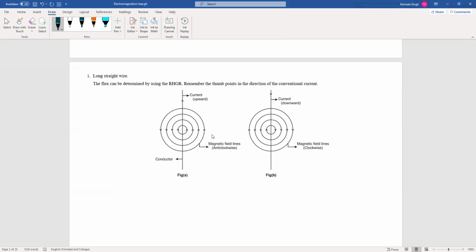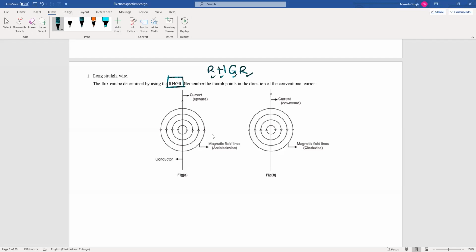Anybody want to make a guess what RHGR is? Right hand something rule. Grip. Right hand grip rule. All right, so we have the right hand grip rule or the corkscrew rule, right?